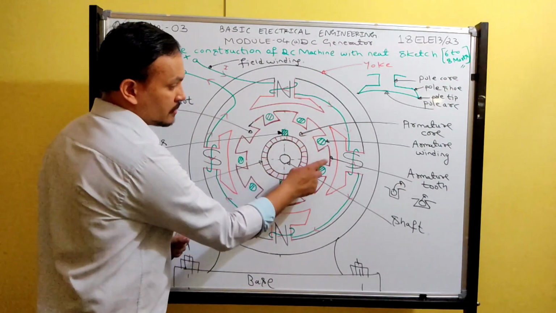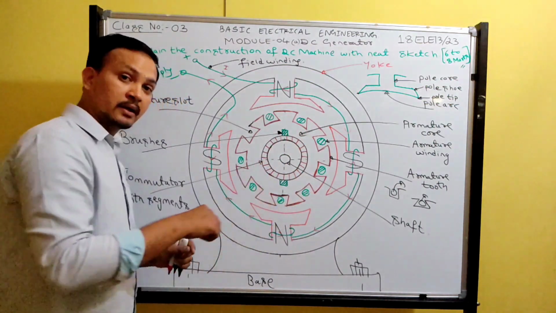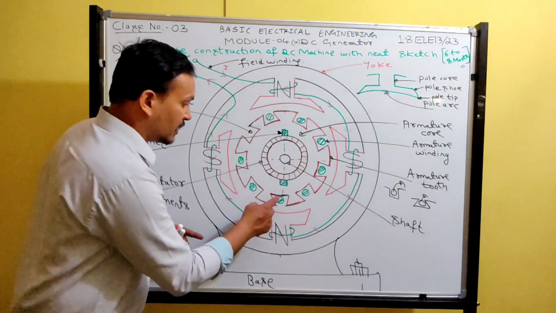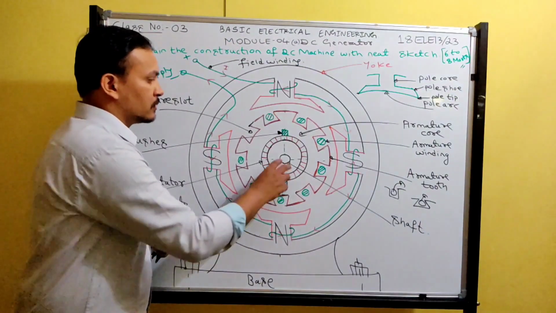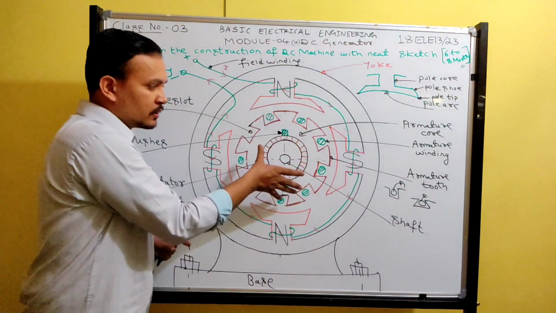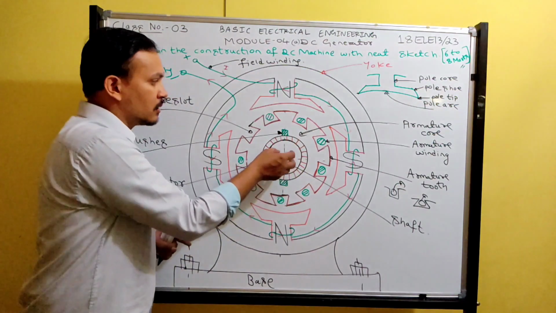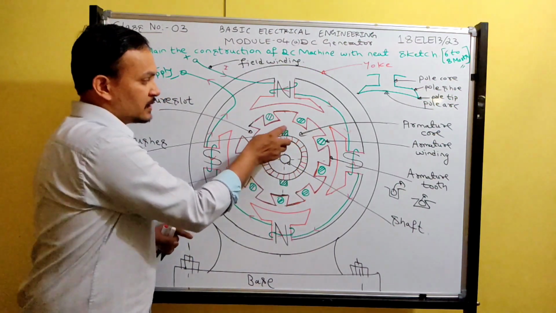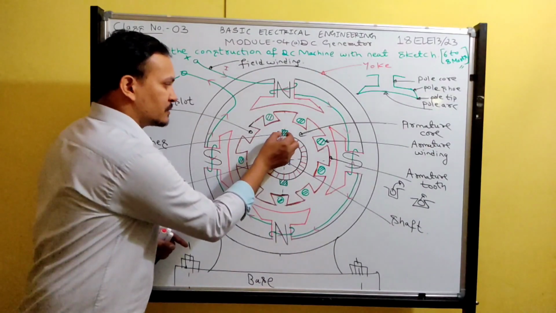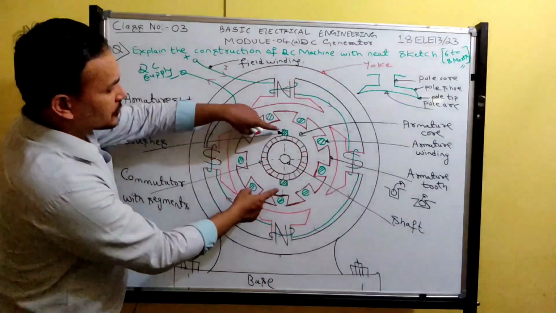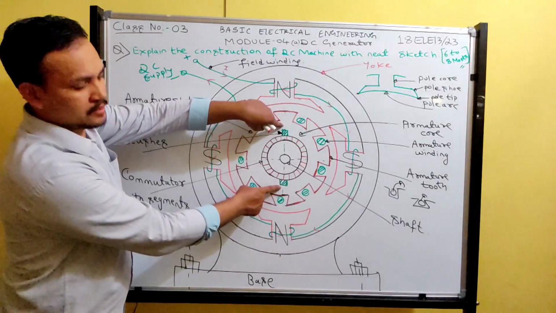See, all these armature conductors are connected in series and are connected to the commutator segments. So the armature conductors rotate, the segments also rotate, but while rotating, the brush has fixed contact on the segments. Based on that contact, we can receive the induced quantity from the brushes.